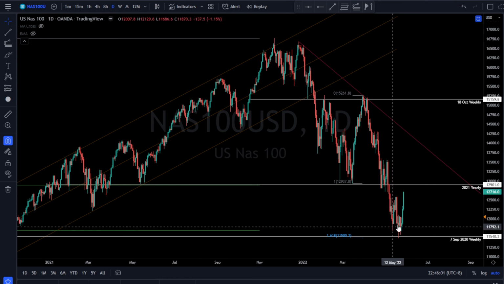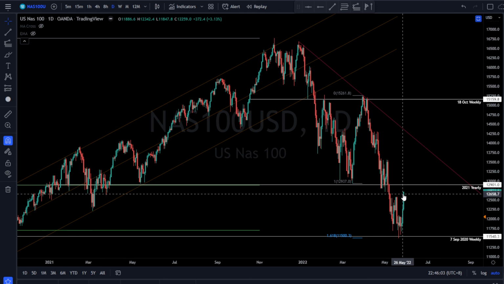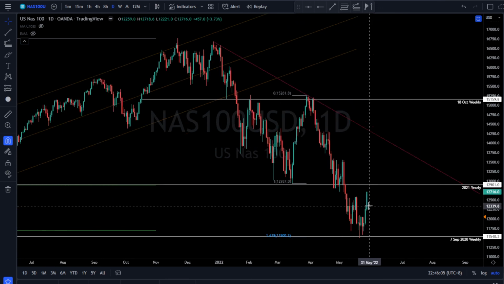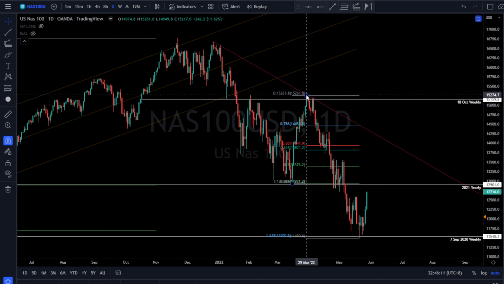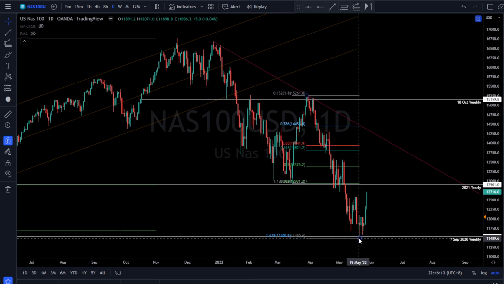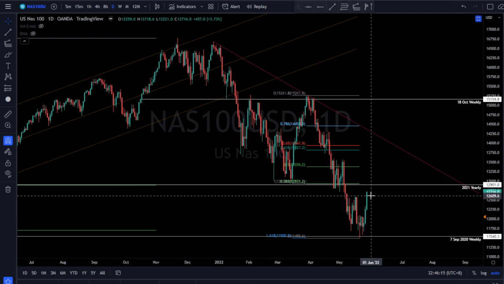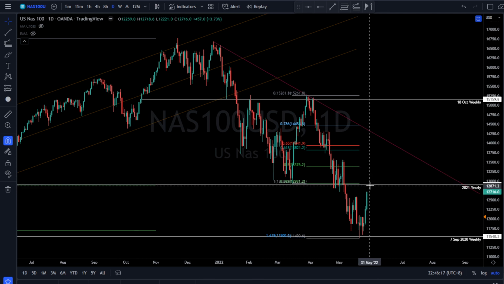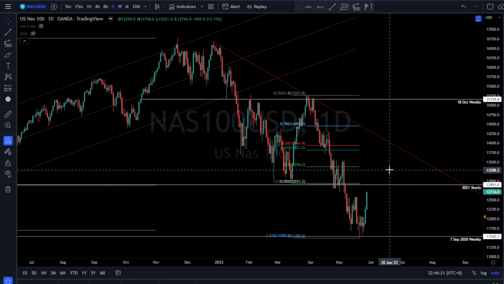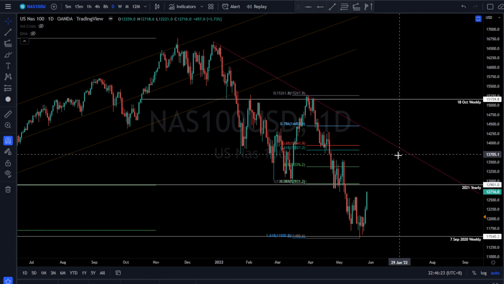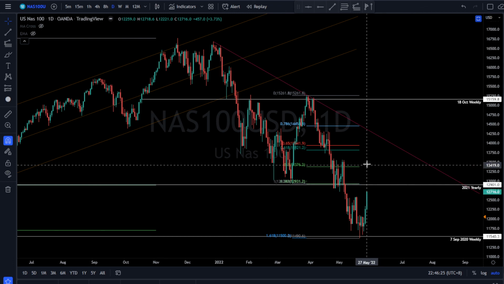Okay, so from this swing high to this swing low here, I'm expecting this bounce to come up and test any one of these Fib levels, okay, before deciding on the next direction of the markets.